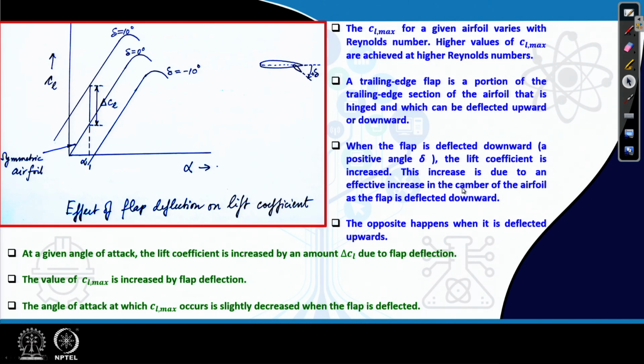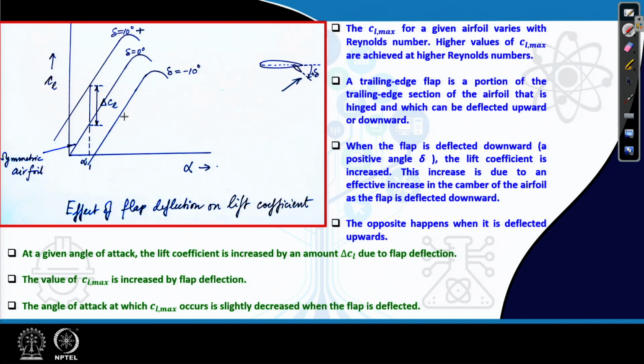So, in the previous lecture, we discussed the effect of flap deflection on lift coefficient, where this was the trailing edge flap. It was deployed from the trailing edge of the airfoil, and we discussed the positive and the negative deflections.